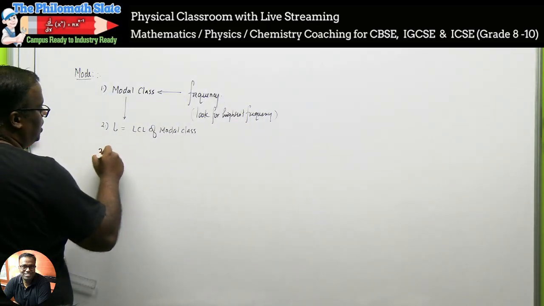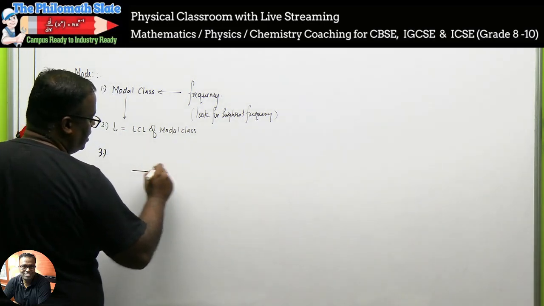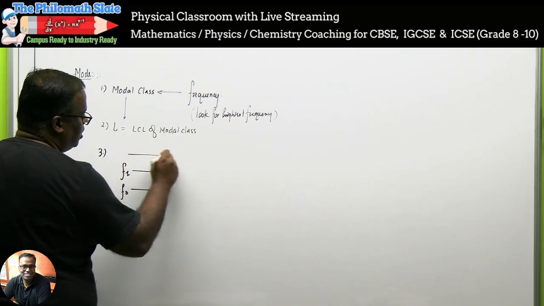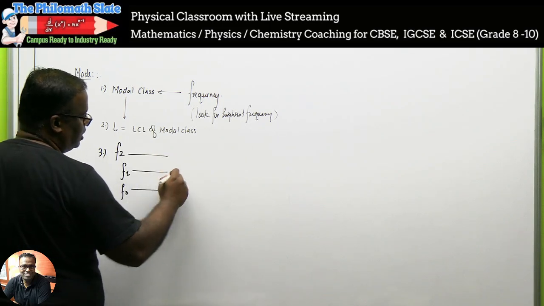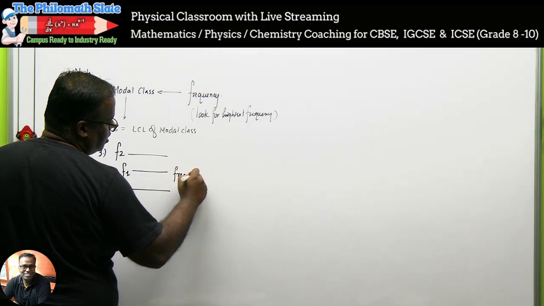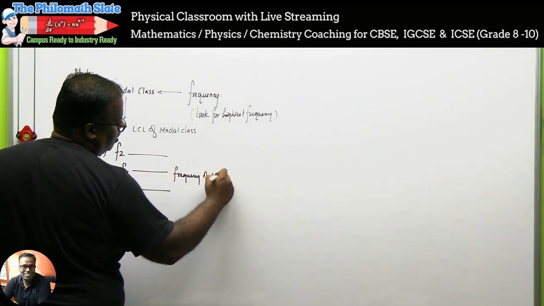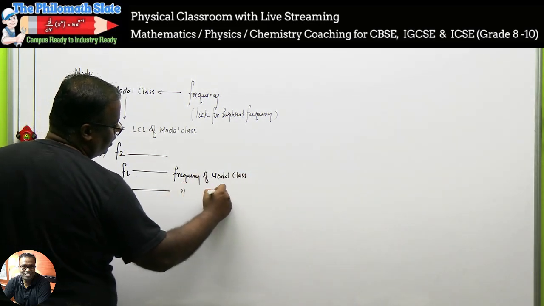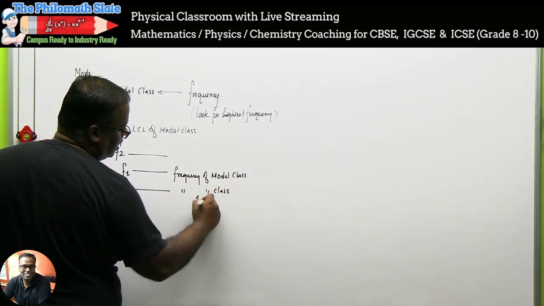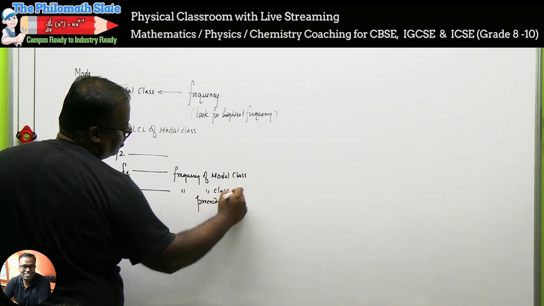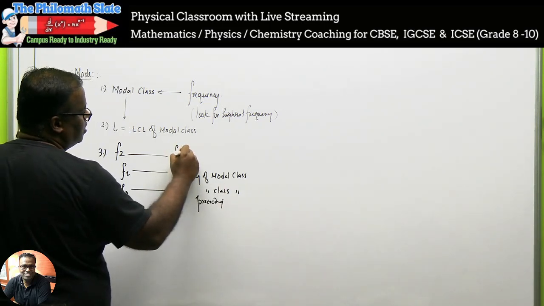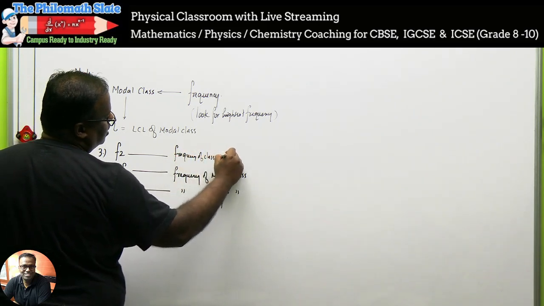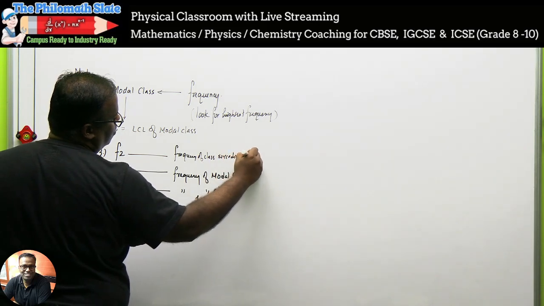The third job would be to find three data: f1, which is the frequency of the modal class, f0, the frequency of the class preceding the modal class, and f2, the frequency of the class succeeding the modal class.